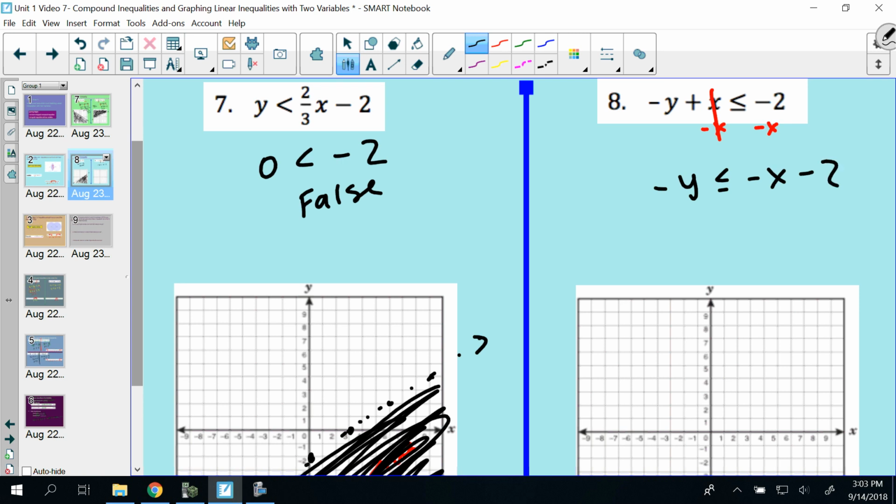To get rid of that negative sign, we want to divide by -1. And dividing by -1 here will make this now +y. It'll also make it a +x and a +2. But remember, also when dividing by negatives, you still switch the sign like you would on anything else.